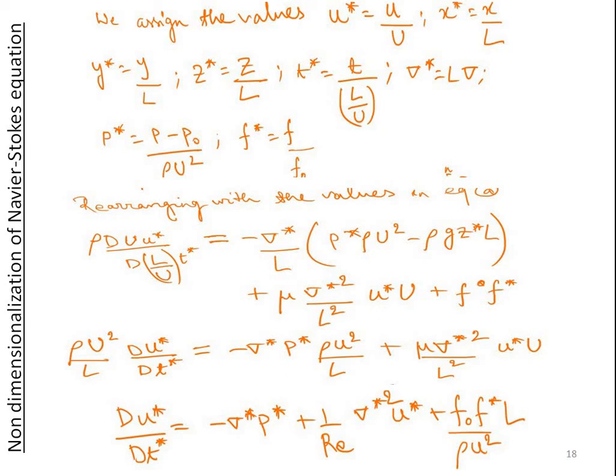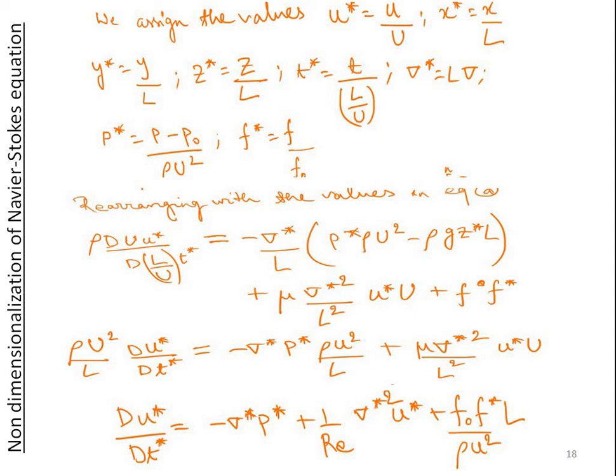U star is equal to u by U. It is actually the ratio of two velocities. U is our characteristic velocity, which is fixed, which is the benchmark. And now we have a certain velocity u, and x star is equal to x by L, which is our characteristic length L. What is characteristic length L? L is the diameter of a channel.